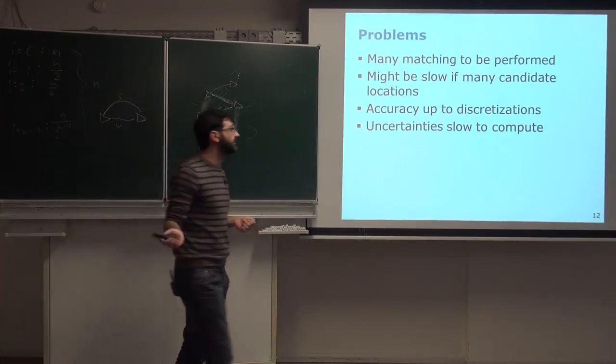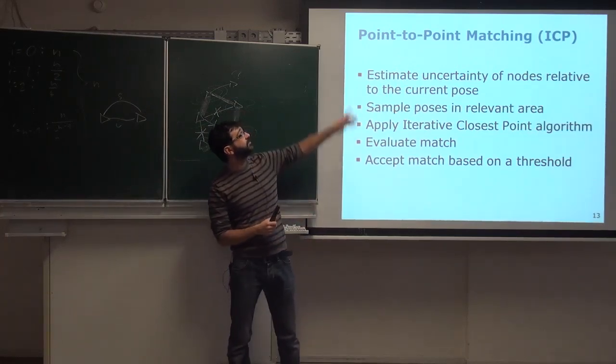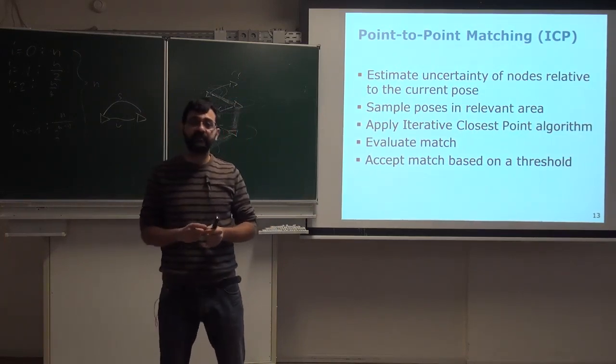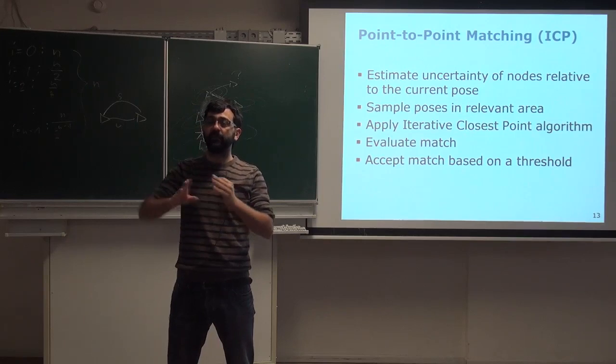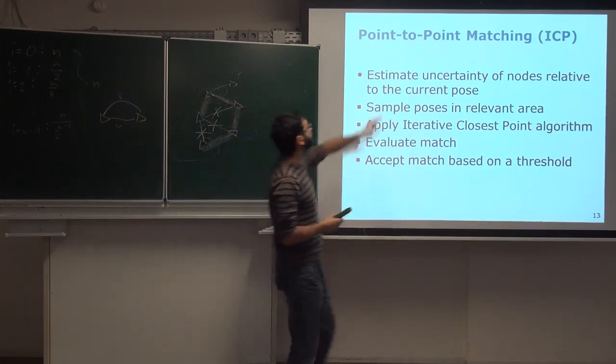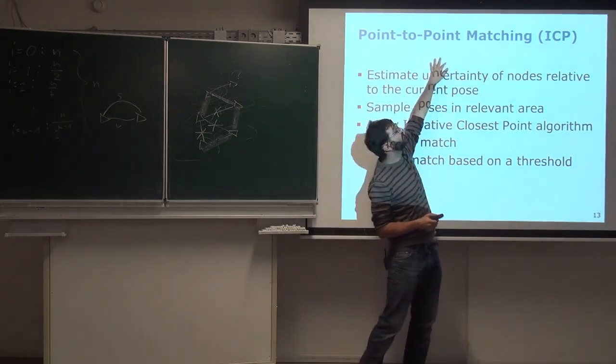Okay, so the second class of approaches that I want to explain to you today is what is called point-to-point matching. And there are also some variants of that that have point-to-line, point-to-plane, line-to-plane, line-to-line. So it's more like, I have a certain geometric feature, for now it's a point. I have another geometric feature which is a point.